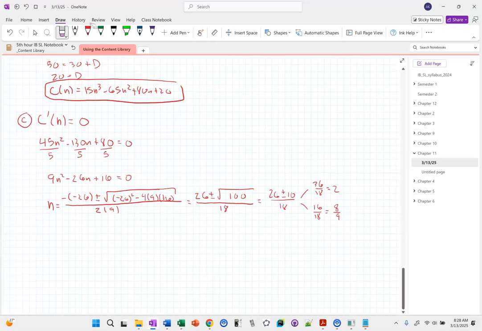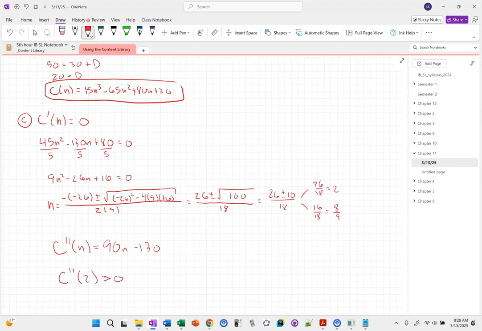So again, I could do either the first or second derivative test now to check these. I think I'm going to do the second derivative test and just plug these in if I'm trying to do this with no calculator. So C double prime is going to just be 90n minus 130. C double prime of 2 is going to be greater than 0, 180 minus 130.